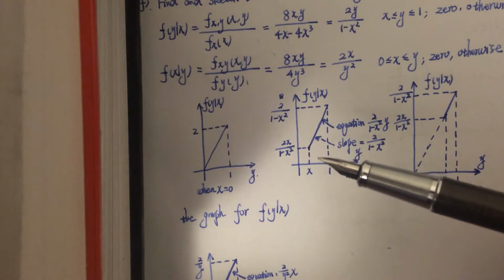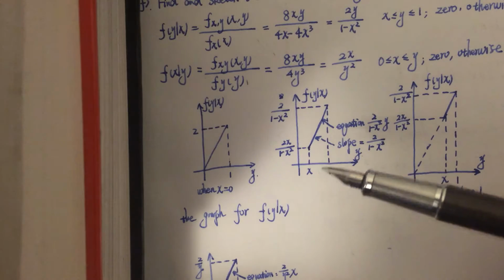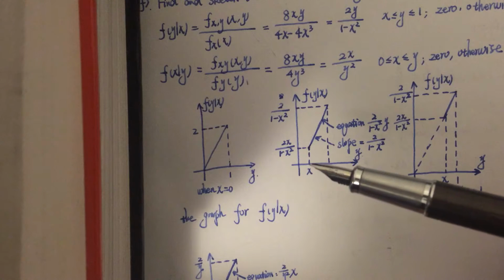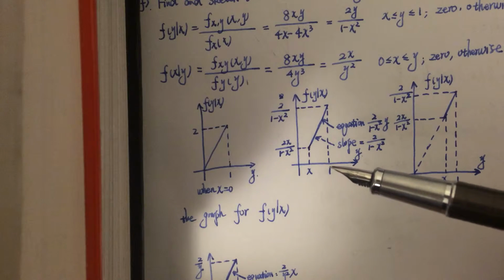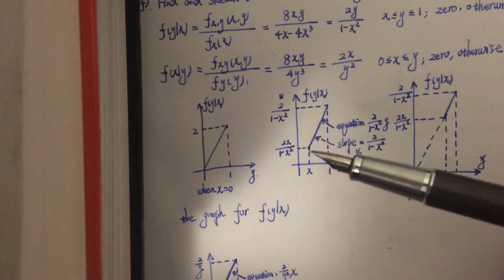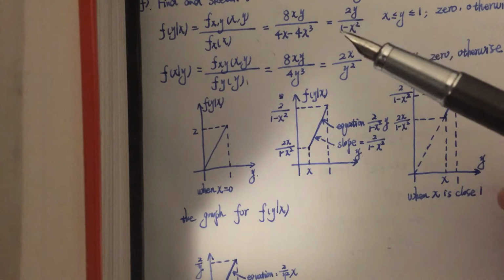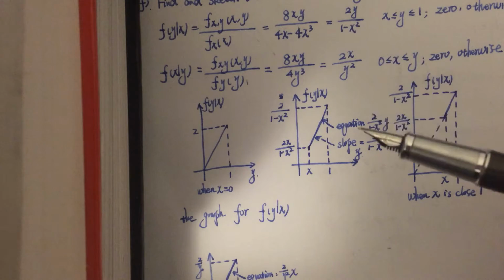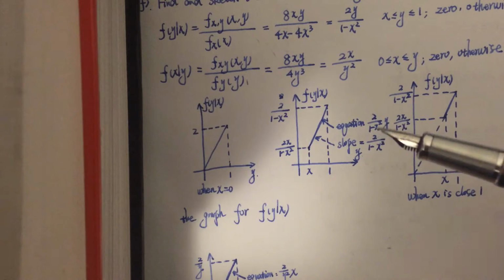And when x is not equal to 0, the value of y will be larger than x and smaller than 1, and the slope will be 2/(1 minus x squared), just like this.